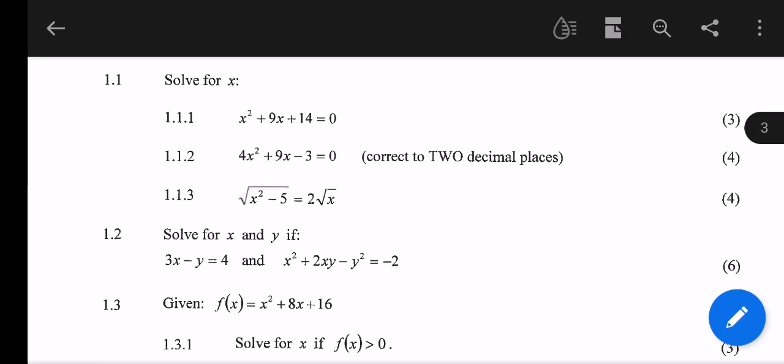The next question is: solve for x and y if 3x minus y equals 4 and x squared plus 2xy minus y squared equals negative 2, for 6 marks.